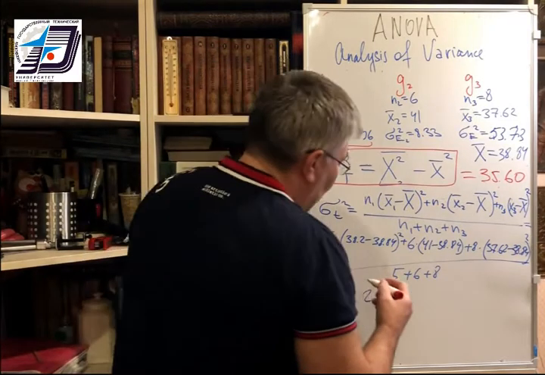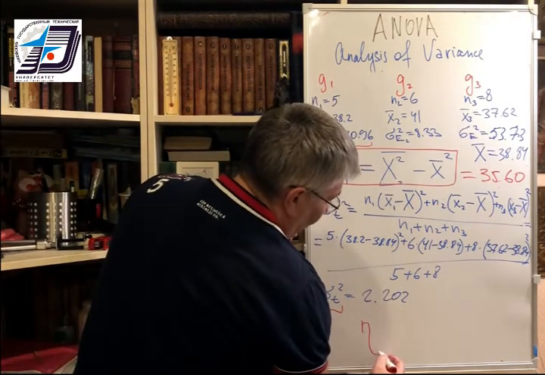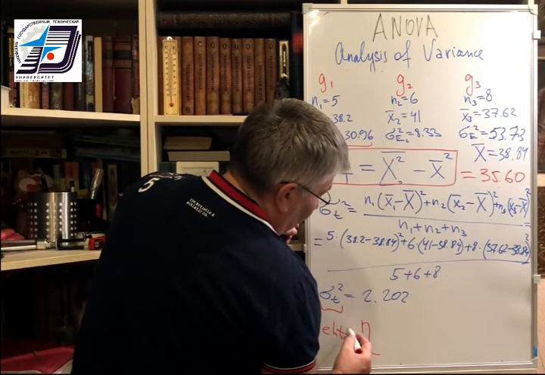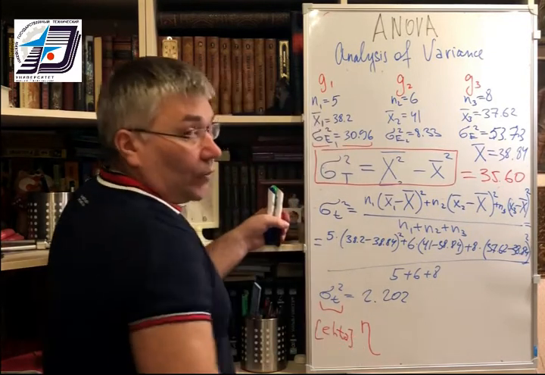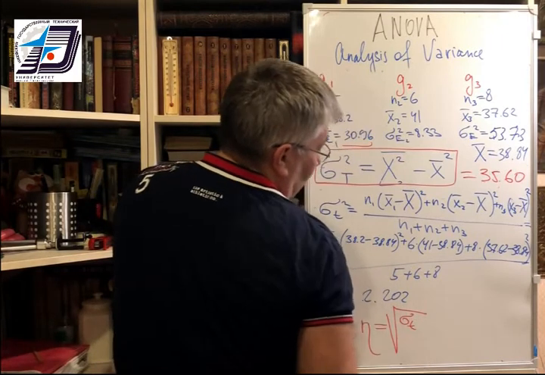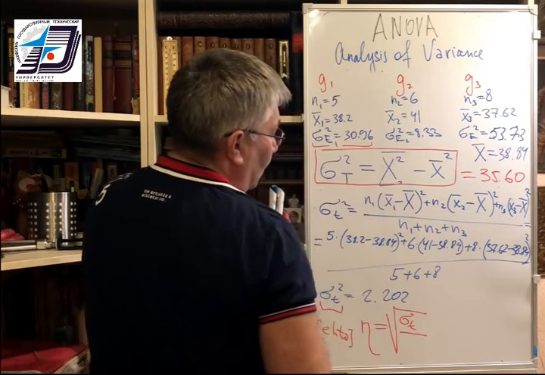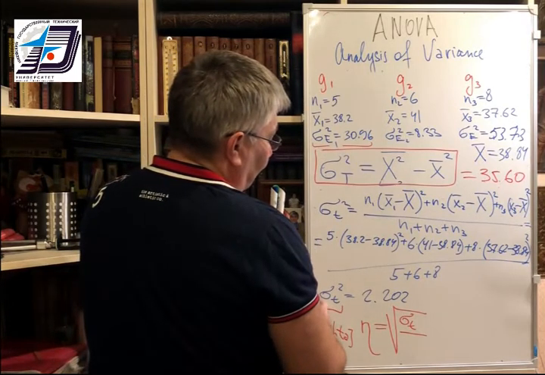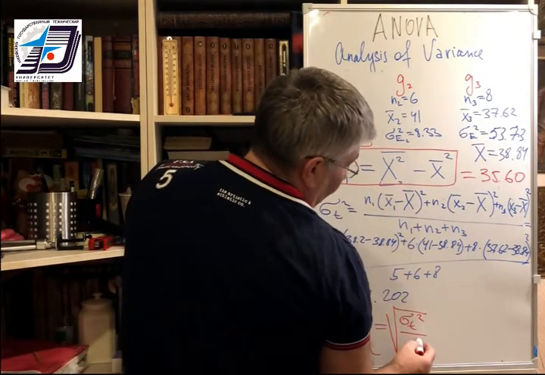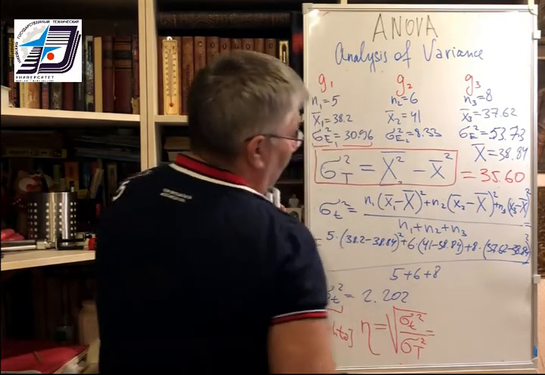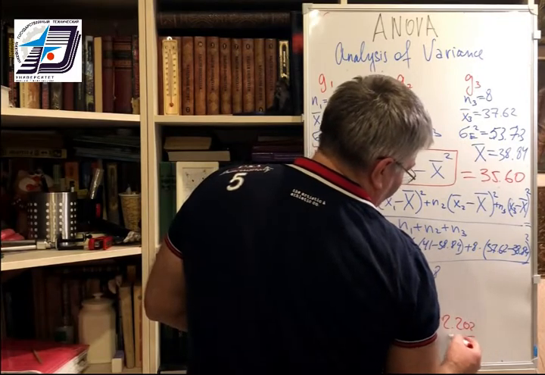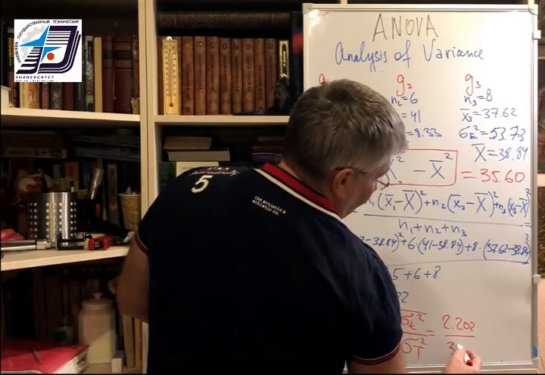So we have a special correlation coefficient, and it's read as eta. Eta, the Greek letter, equals the square root of the treatment variance over the total variance, and it gives the square root of 2.2 over 35.6.